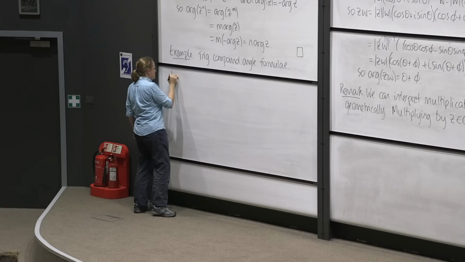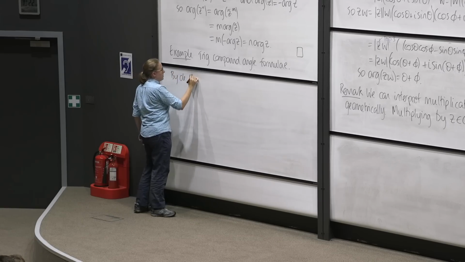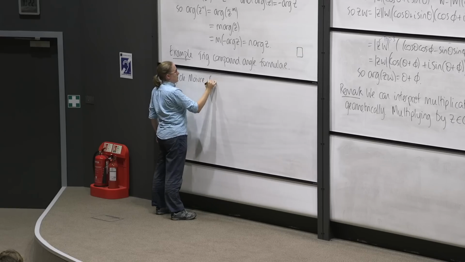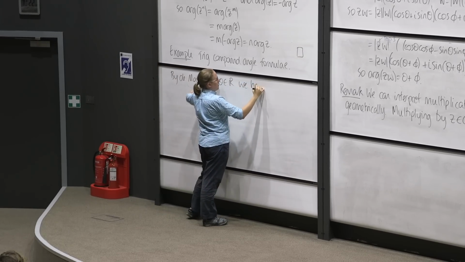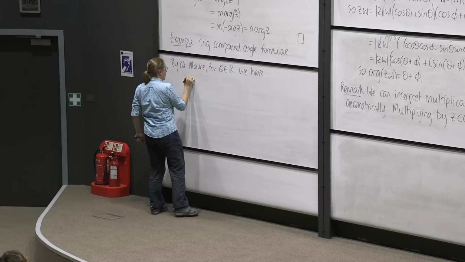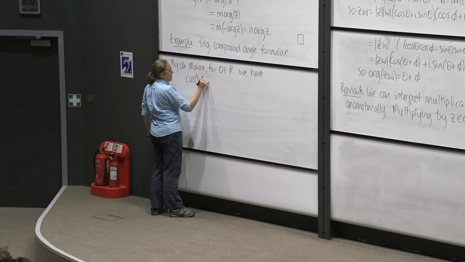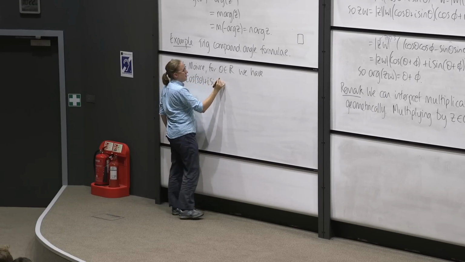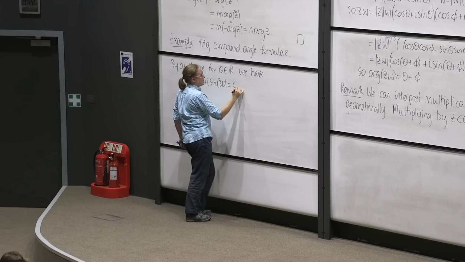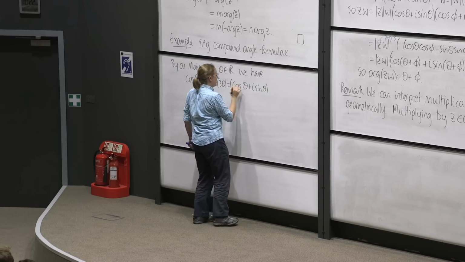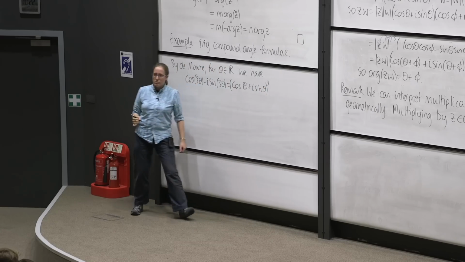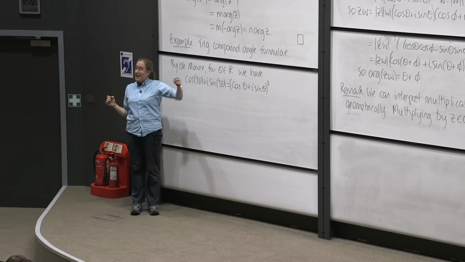So by de Moivre, for any theta in R, we know that cos of 3 theta plus i sine of 3 theta is cos theta plus i sine theta cubed. That's from that equivalent formulation.